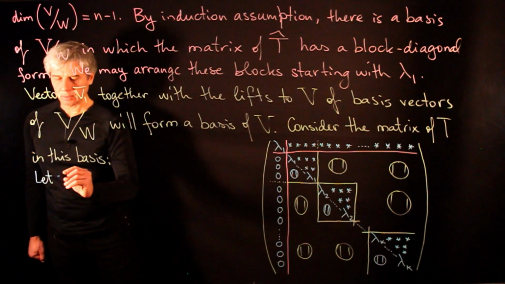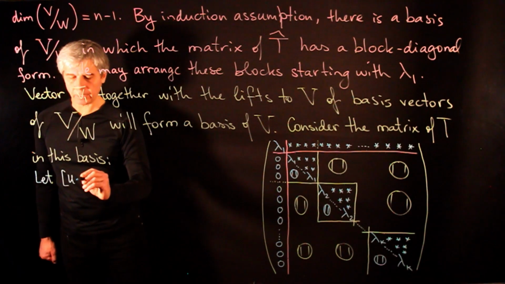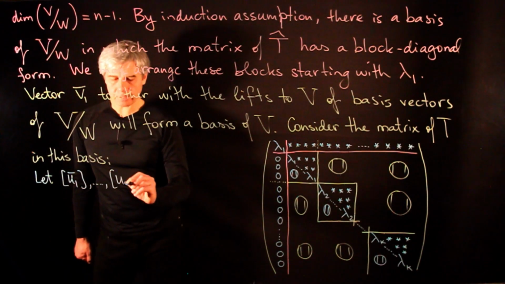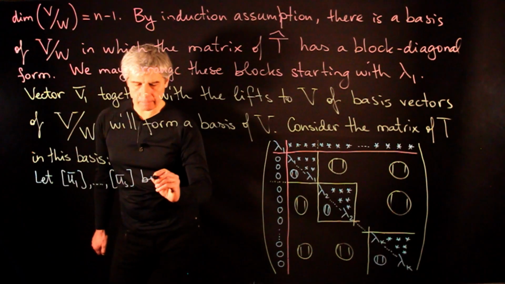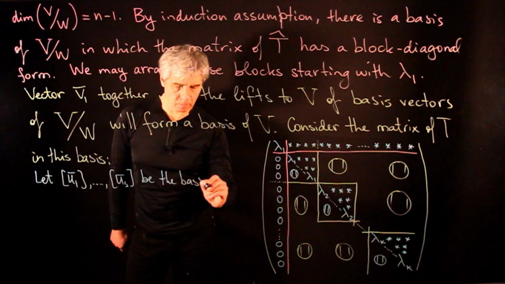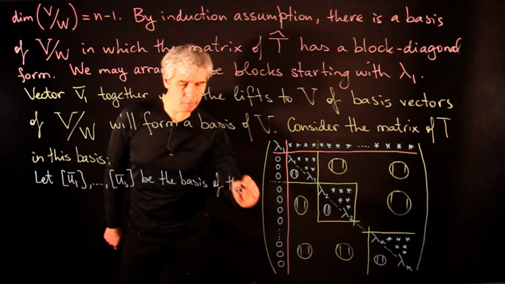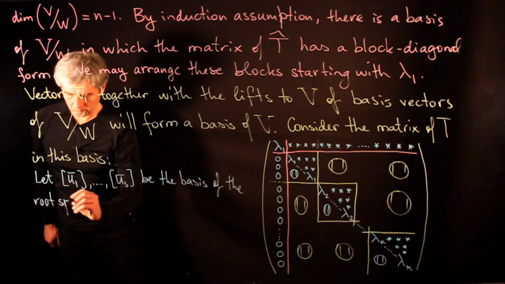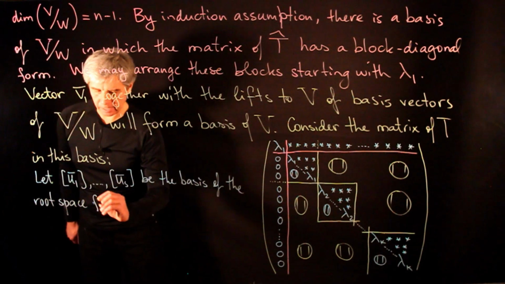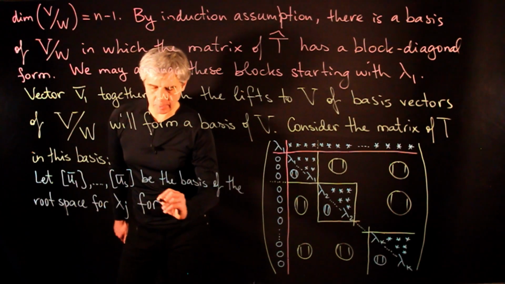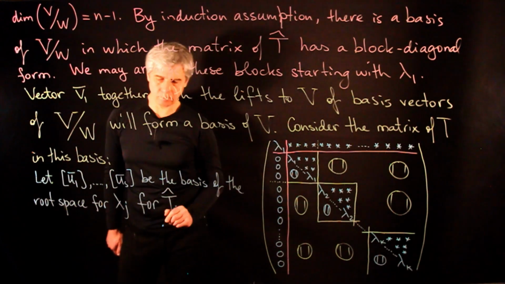Let the classes of u1, ..., us be the basis of the root space for eigenvalue lambda j for the operator T hat.